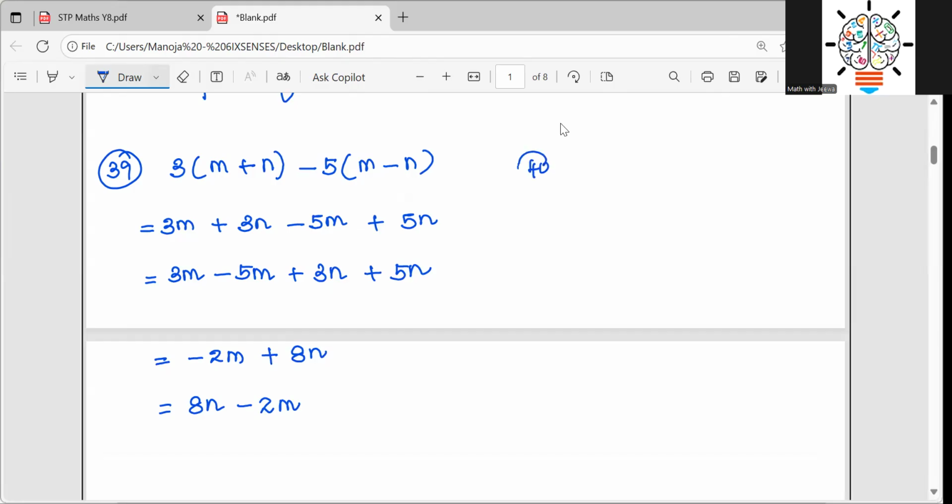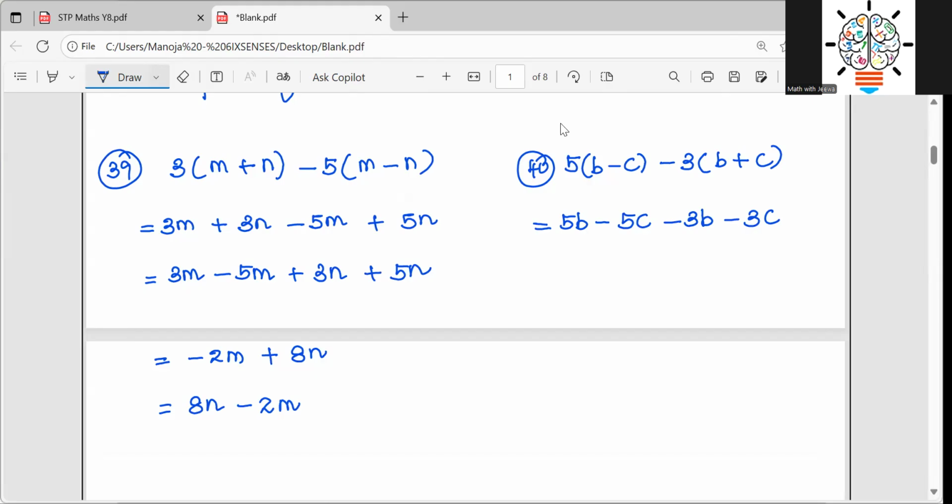And then the 40th one, we have 5 times b minus c minus 3 times b plus c. Right? 5b minus 5c minus 3b minus 3c.